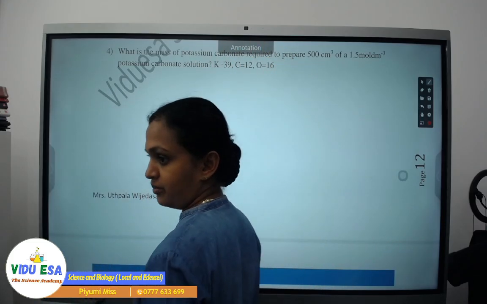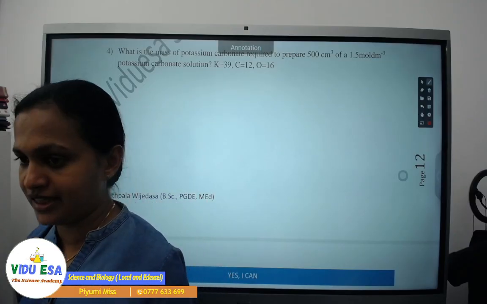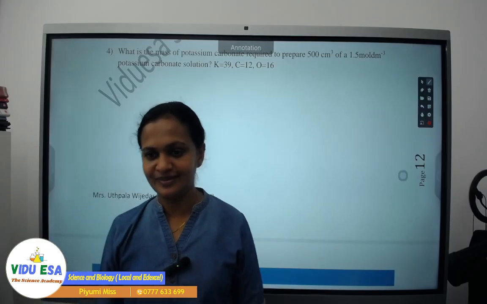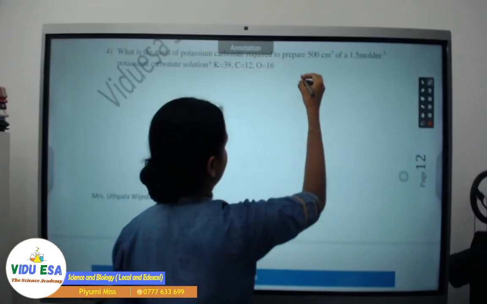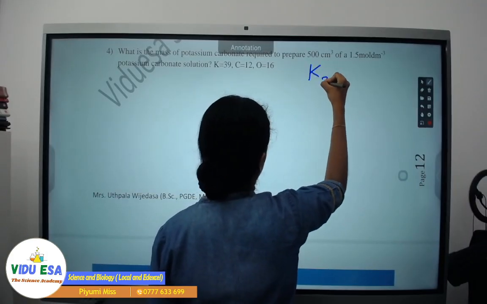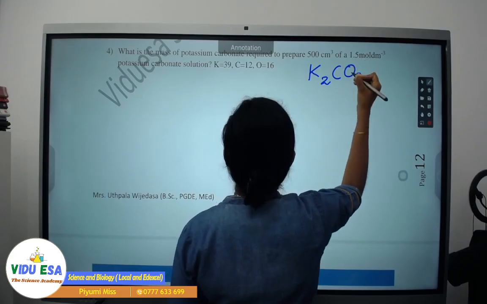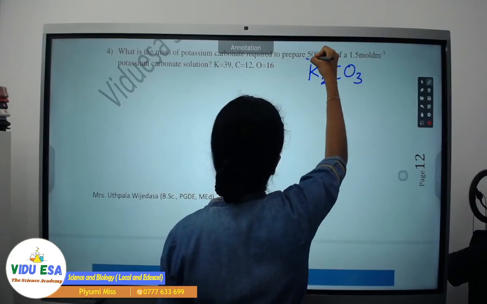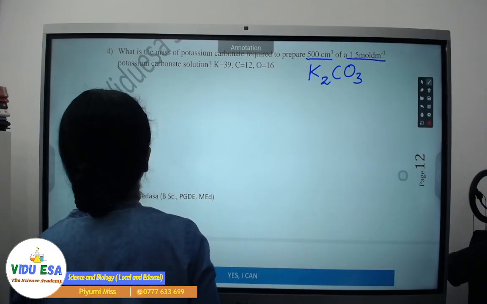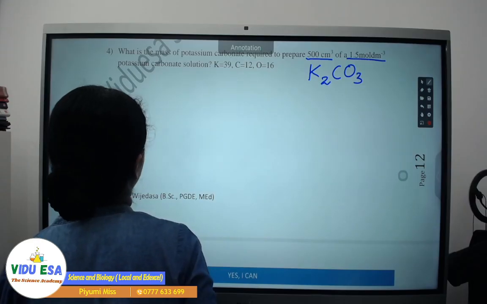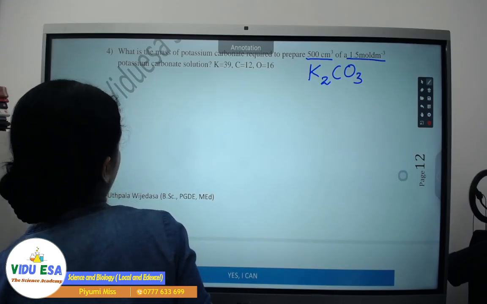So what is the formula of potassium carbonate, Janindi? K2CO3. You are supposed to prepare 500 cubic centimeters of 1.5 moles per cubic decimeter potassium carbonate solution.